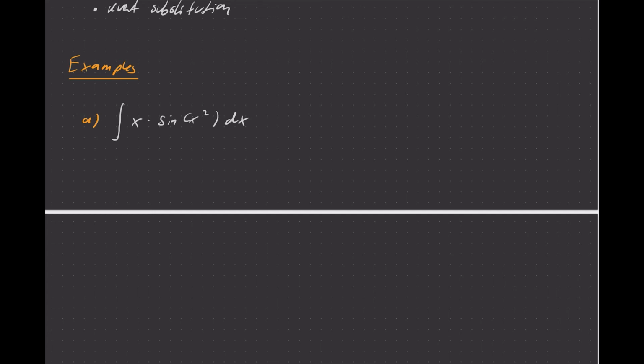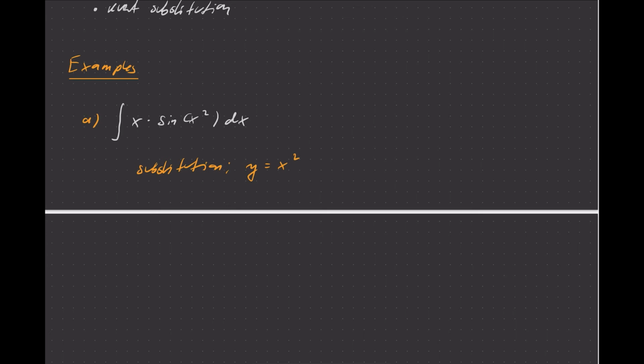Now the problem here is obviously the x squared inside of the sine. We cannot compute the integral of the sine of x squared. So what we're going to do is substitute y for x squared. We will be able to compute the integral of a sine of y. No problem at all. So let's see if that works.